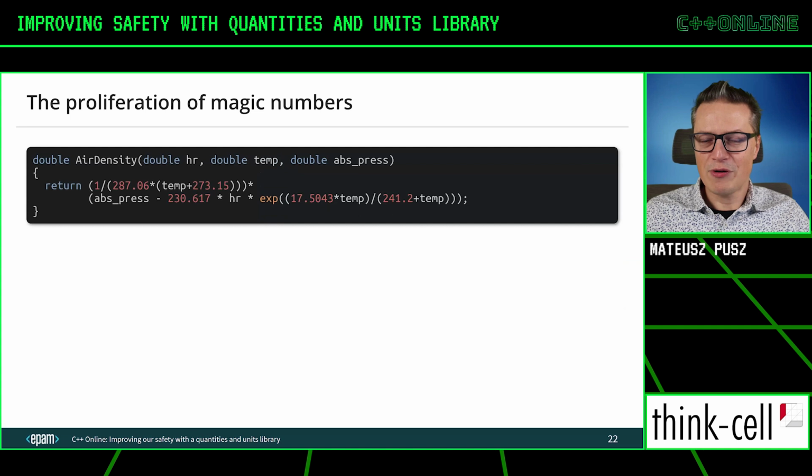Other issues are related to, for example, usage of magic numbers everywhere, right? I don't even know what those exactly mean. I know some of those values. I don't know the origin of them, and I don't know all of them. Right now, I would probably be really scared to touch it.